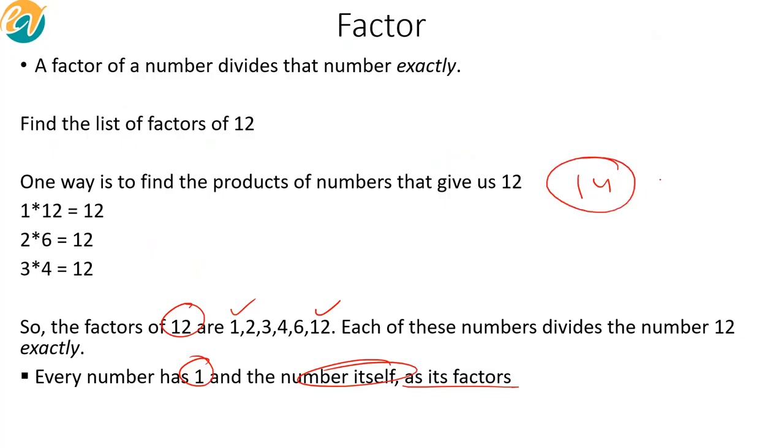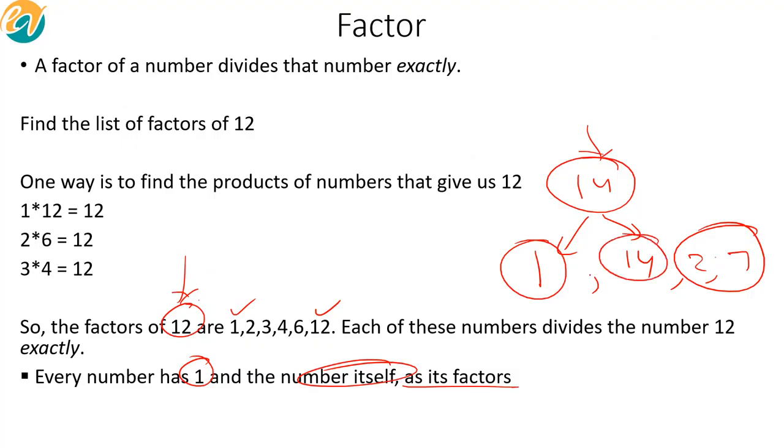I'm hoping by now you realize that the other factors of 14 would be 2 and 7. These numbers could vary from one number to another, but 1 and the number itself would always be factors of any number.